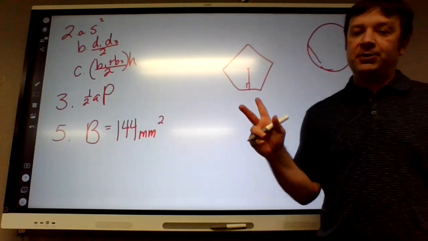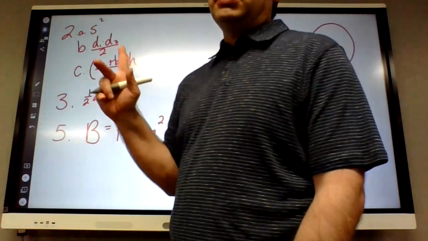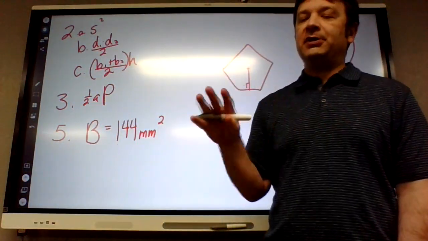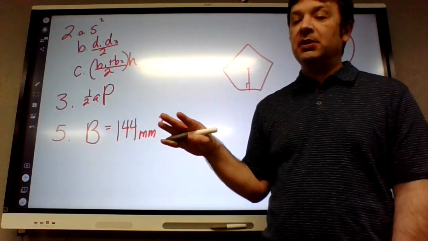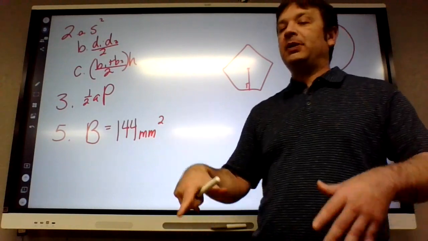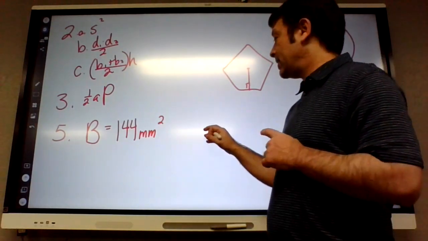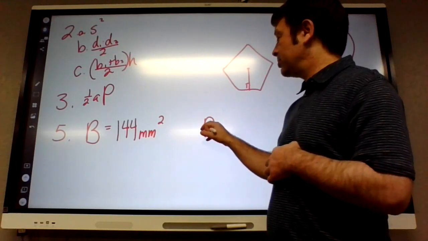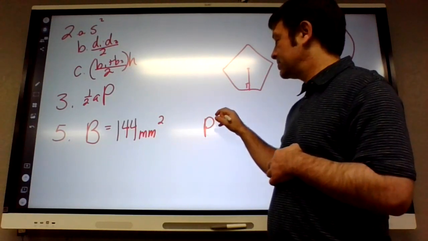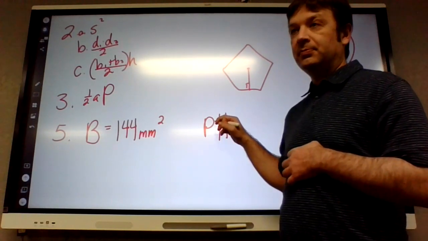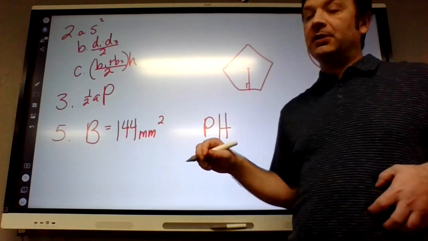Okay, question 2 on number 5: find the lateral surface area. So we're not finding the total on this section. It's the perimeter of the base times the height of this prism. That's the lateral surface area.